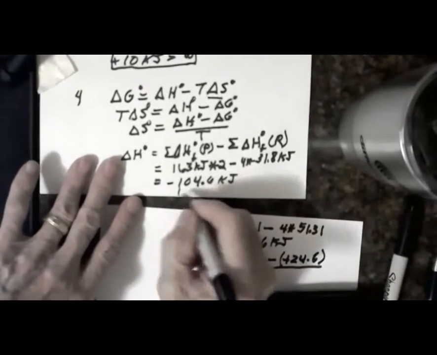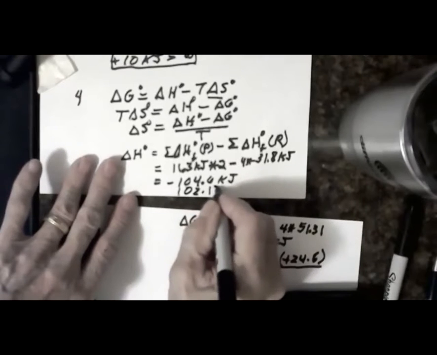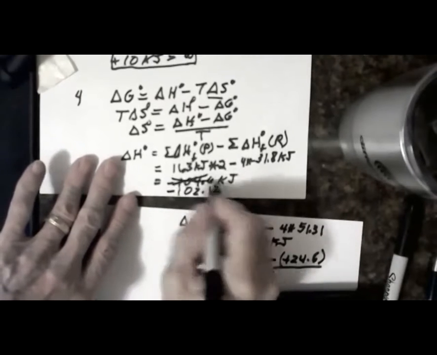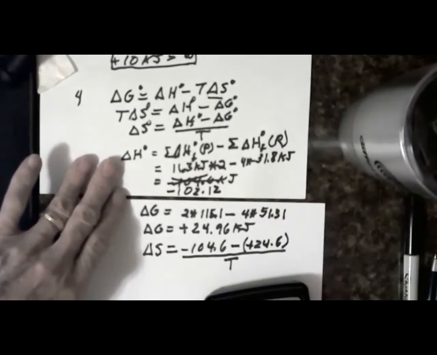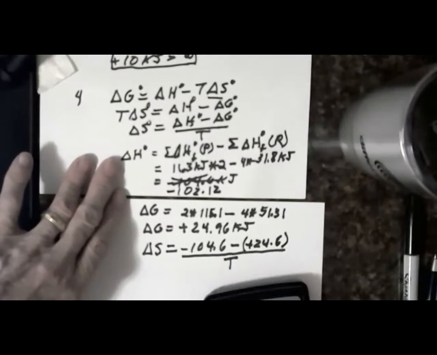So this one should be 102.12. Before, whenever I wrote this down, I had it written as 11.3 times 2 minus 4 times 31.8. I probably copied it wrong. If you look at the table, it is 11.3 for the delta H of formation of N2O5, and 31.18 for the NO2. So I think those are the numbers that I did use correctly.